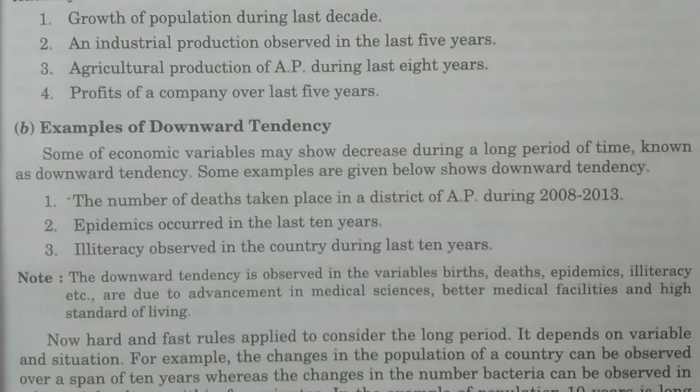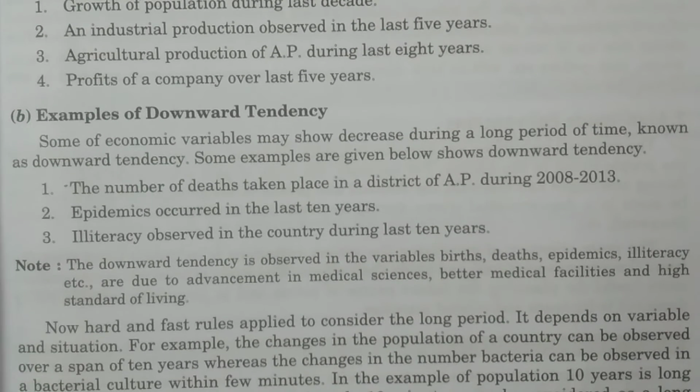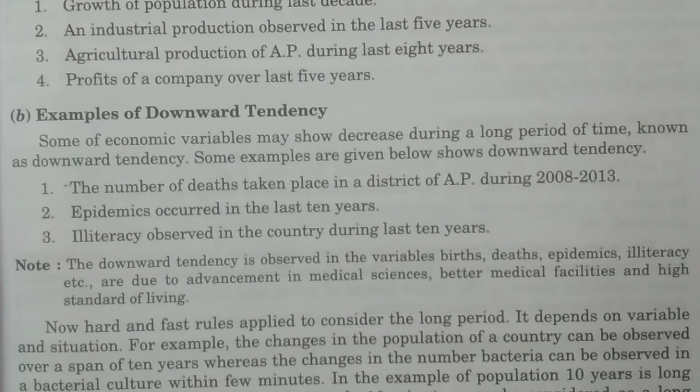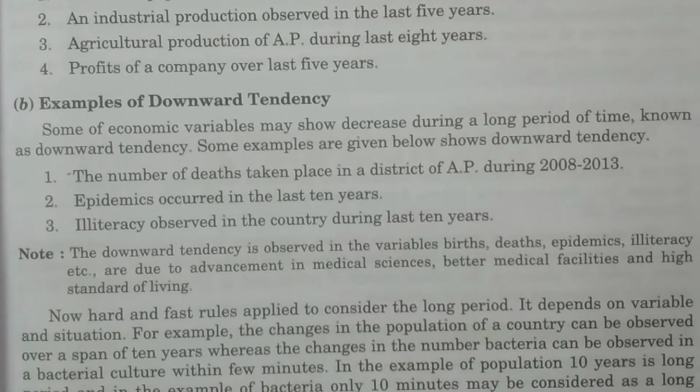For example, the number of deaths may increase due to some particular epidemic situation. So therefore, it is not a particular phenomenon. Generally, we are specifying that these variables show downward tendency. It need not be considered always; it may not always be true.